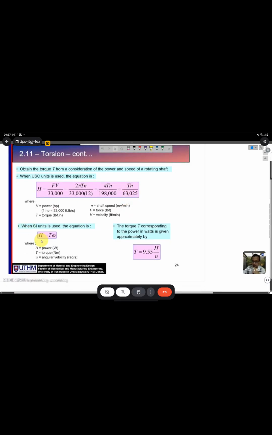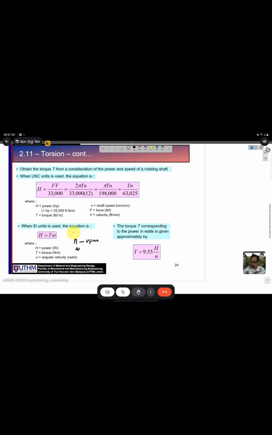And then for the SI unit, the equation is power is equal to tau omega, where omega is the angular velocity in radian per second. If you have speed in RPM, you need to calculate the omega from this RPM first before you can use this equation.